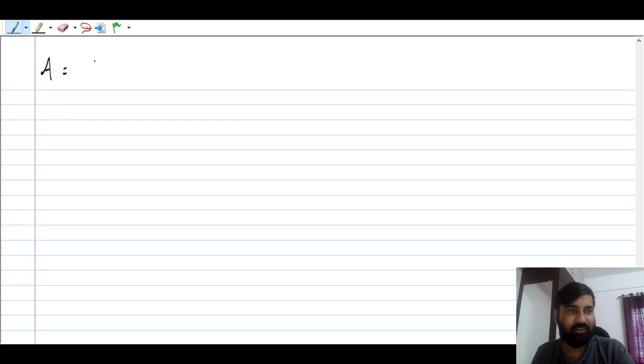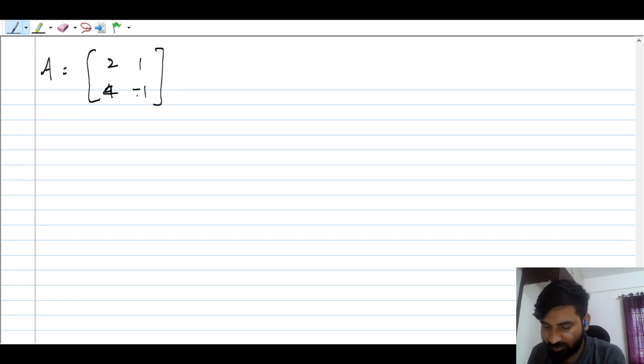Suppose the A matrix is given, which is nothing but 2 1 4 minus 1. 2 1 4 minus 1 is the given matrix, right? It is important.